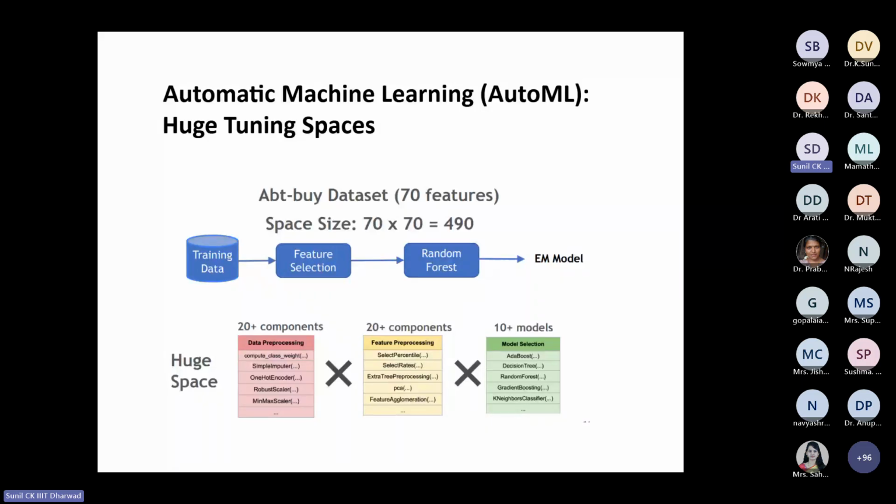For example, for data pre-processing, 20-plus components are available. How will the machine automatically come up with certain features or certain pre-processing? It requires more space. In that sense, we call it huge tuning spaces required to do certain tasks.